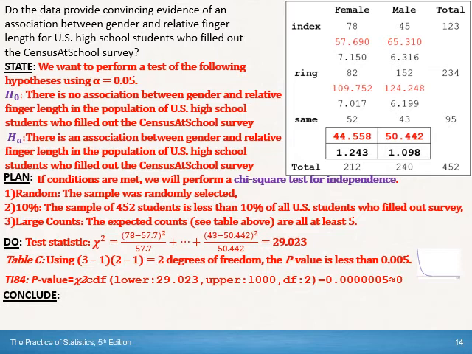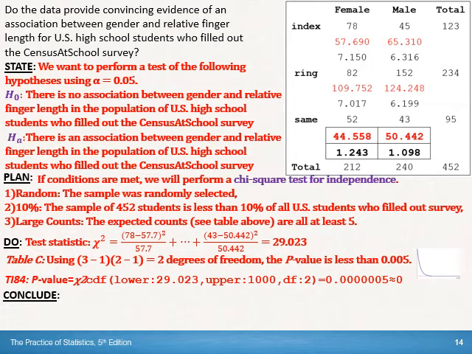All right, so if we're going to use our table C, then we need to know the number of rows minus 1 times the number of columns minus 1. So that's 2 degrees of freedom. The best thing we can come up with from our chi-squared table is that our p-value will be less than 0.005 because that's the smallest value on the row for 2 degrees of freedom on that table.